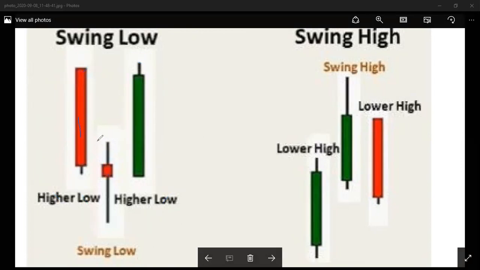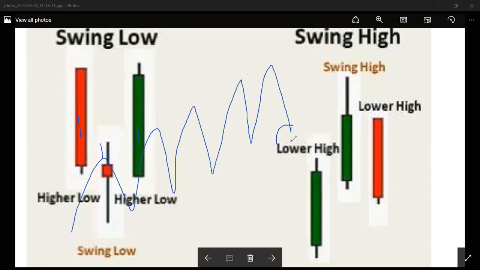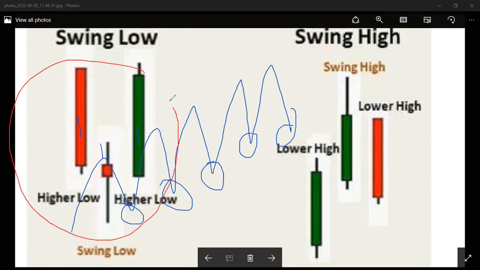On each of these higher lows, we are looking for this three candle pattern. Make sure that the middle candle is below the other two candles. The middle candle should always be below the other two candles. That's what we call a higher low.